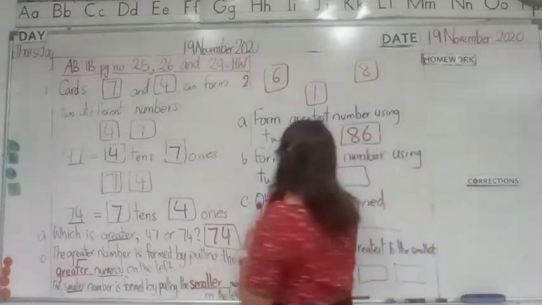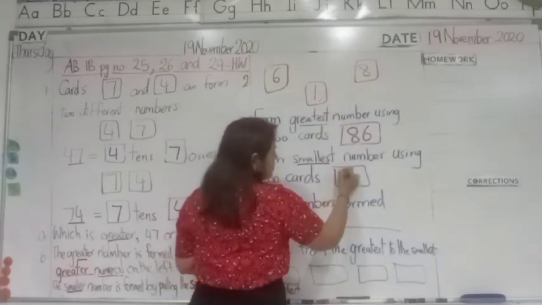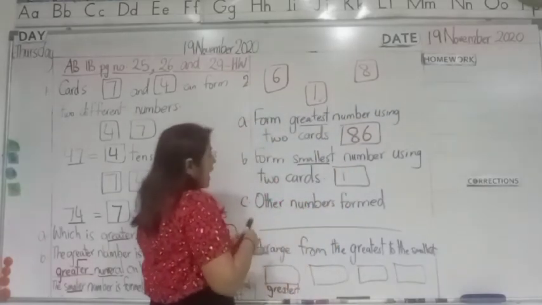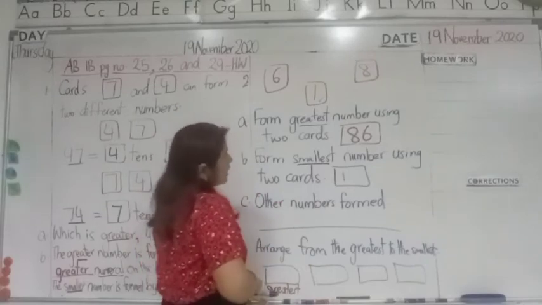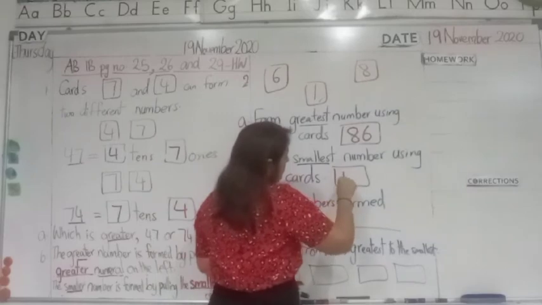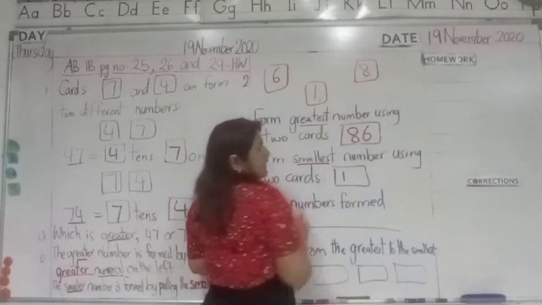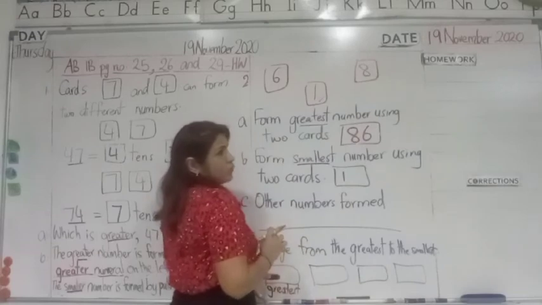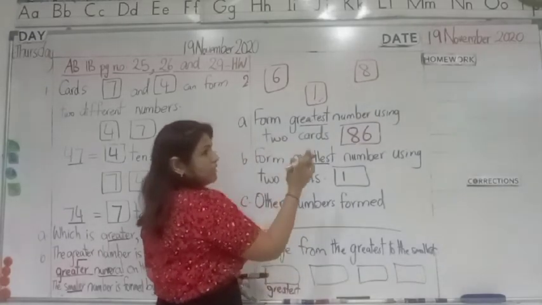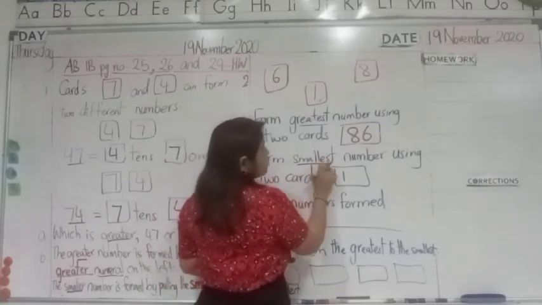So which is the smallest number here? 1. So you will first write 1 on your left hand side. And then followed by the smallest number would be 1, 6, 16 or 1, 8, 18. Which is smaller, 16 or 18? 16 is the smaller, so they said form the smallest.